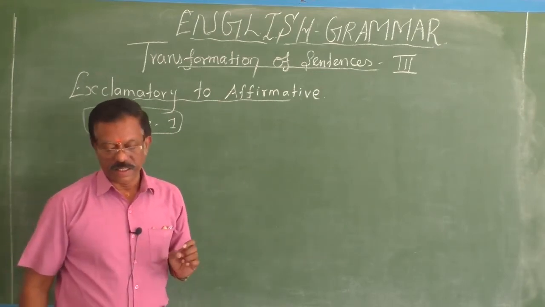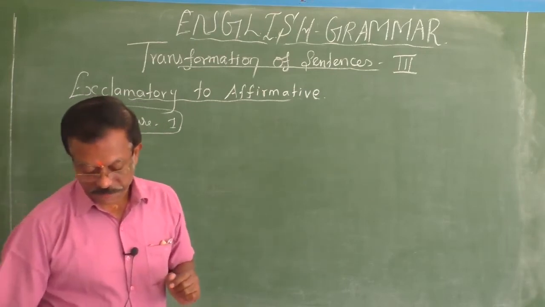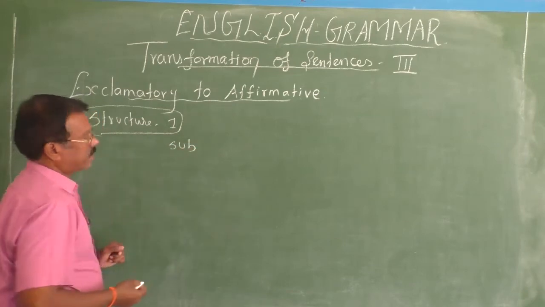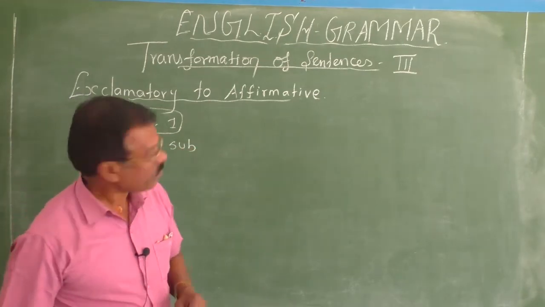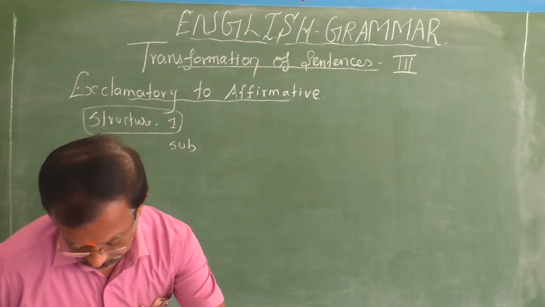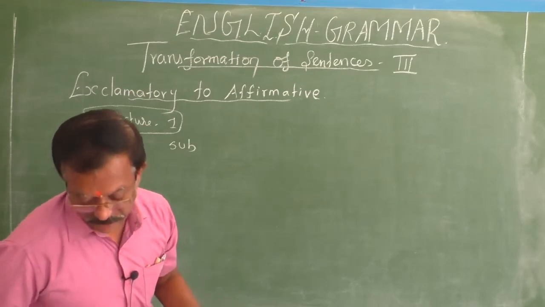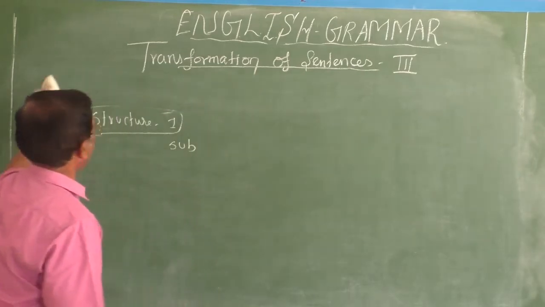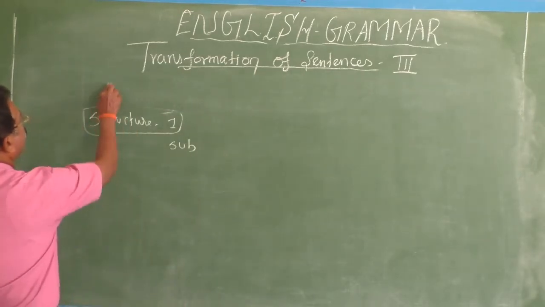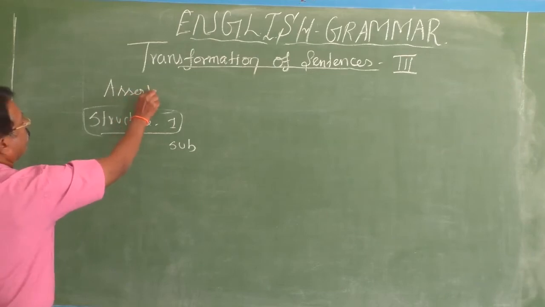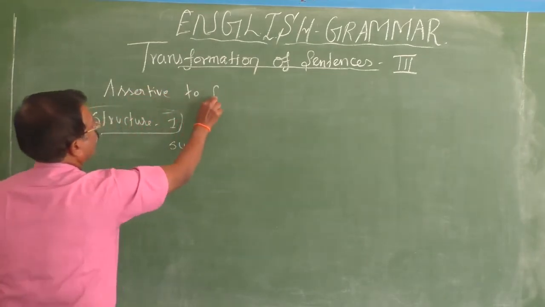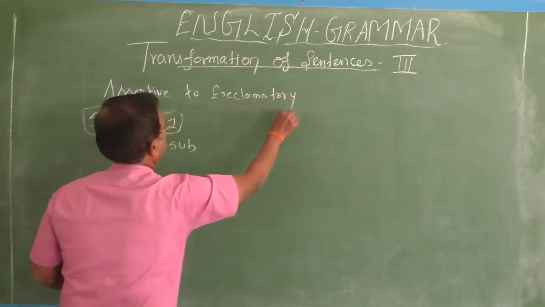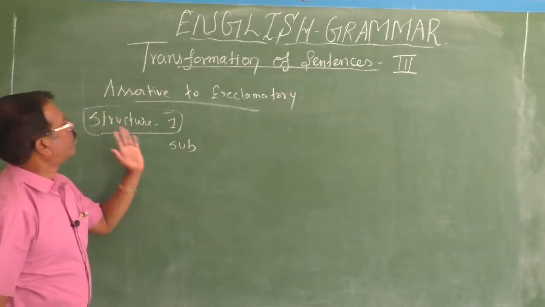Structure 1. First let me explain assertive to exclamatory, then you can easily follow. Assertive to exclamatory, then you can easily understand. Then we can go for exclamatory to assertive.